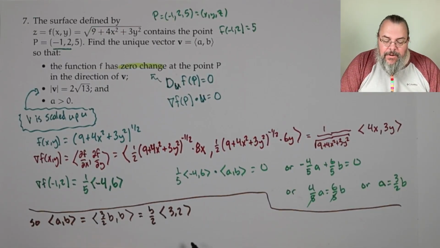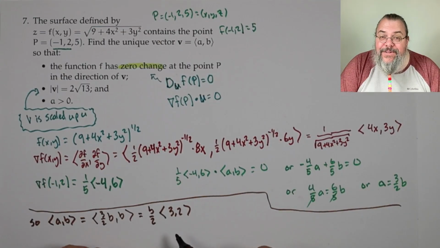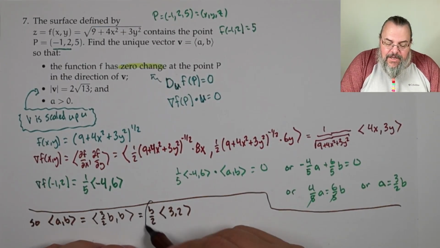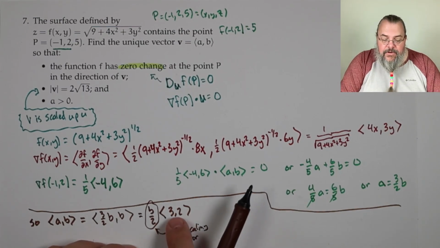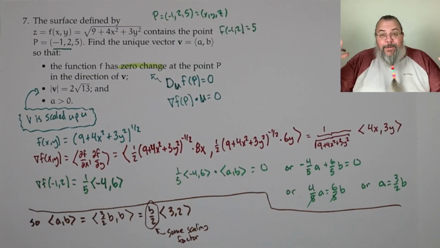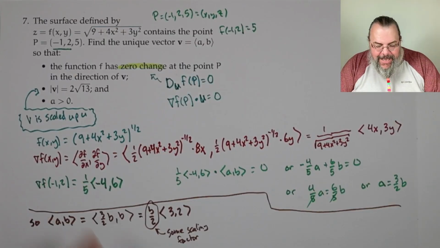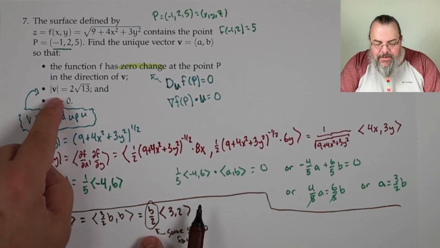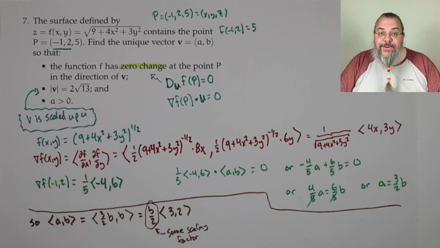In particular, our vector has to be some multiple of this. So this is just saying some multiple, some scaling factor. And the good news is this entry is positive. So the only thing left to do is to say, well, what is that scaling factor? We have a positive entry. We just got to make sure we get our scaling factor right. This having 0 change is already taken into account.